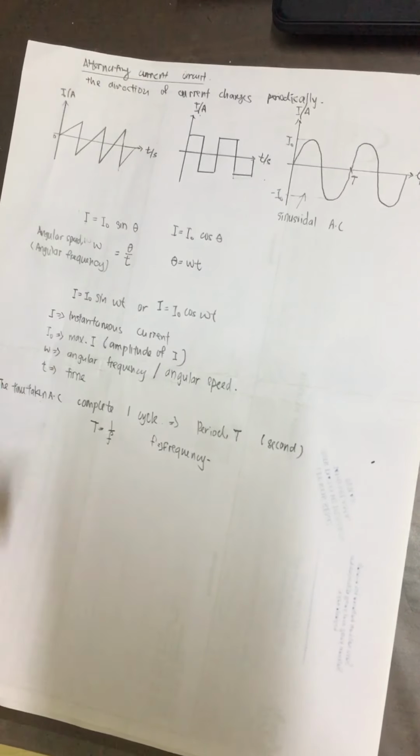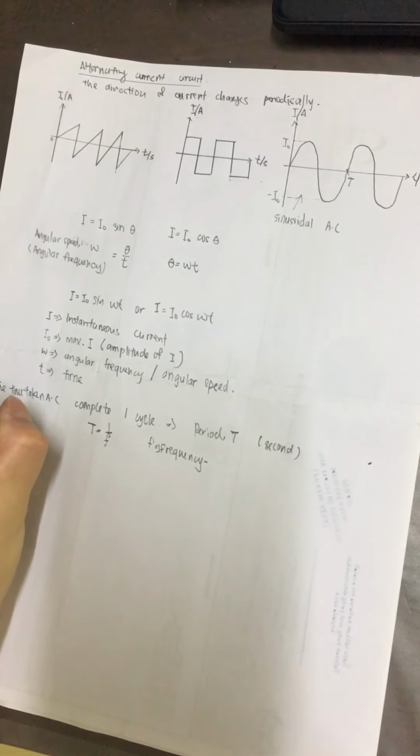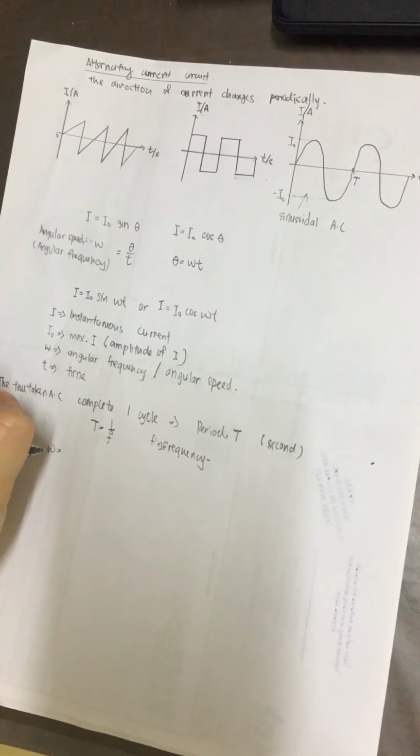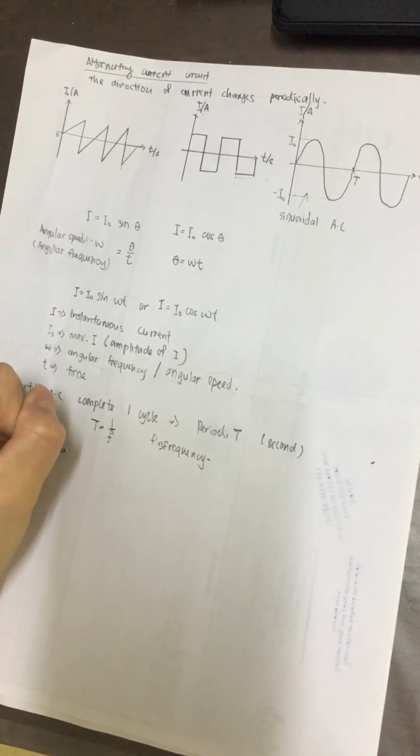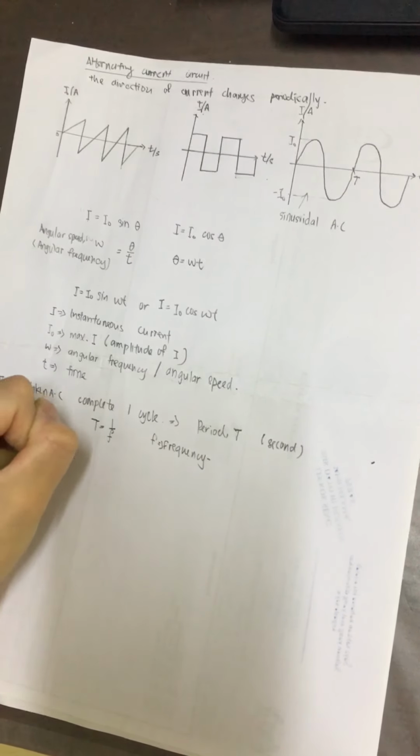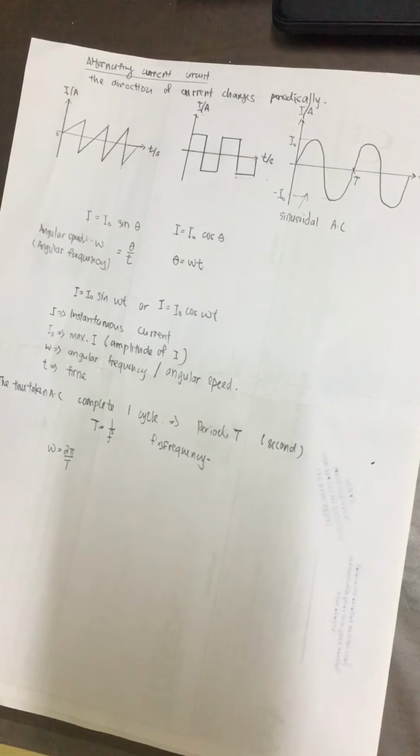And then just now you already know what angular speed is. So how do you calculate angular speed in terms of f and T? You know that omega is the rate of change of angle, which is 2 pi divided by the time taken for a complete cycle.